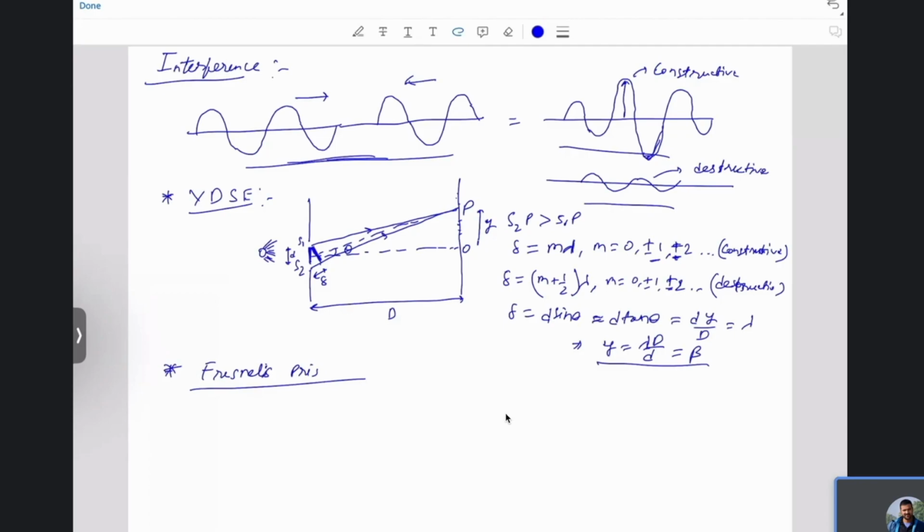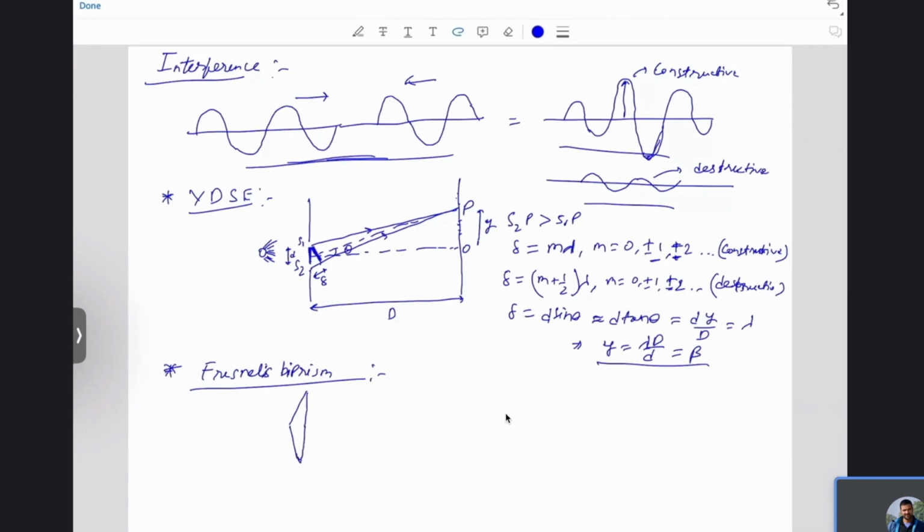So this is the biprism. A Fresnel biprism is a thin double prism, like so, a double prism like this.